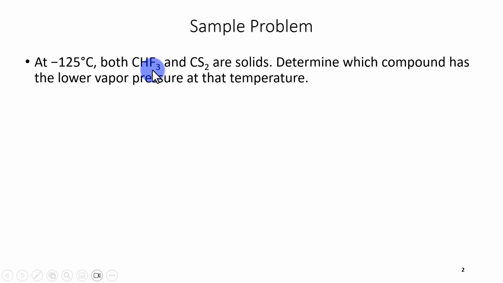So you're going to have to do a little bit of Lewis dot structure first, and then determine whether the molecule is polar or not polar, and that will tell you whether it has just London dispersion forces, or does it have dipole-dipole interactions, or does it have hydrogen bonding. That will determine the strength of the intermolecular force, and therefore the vapor pressure as well.